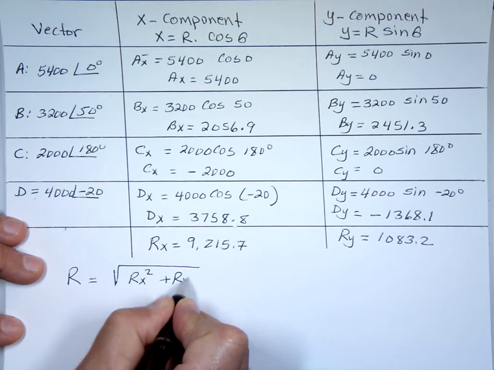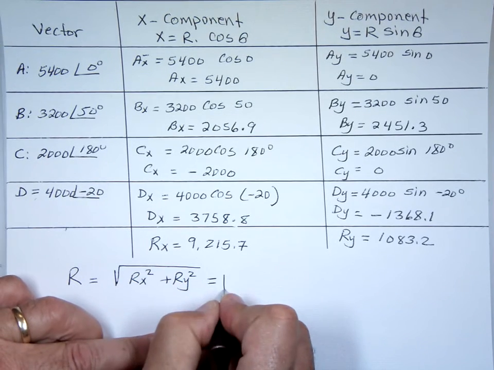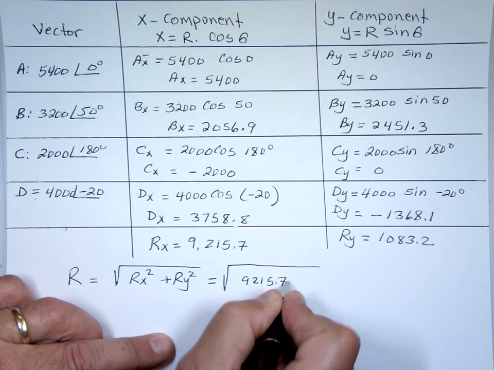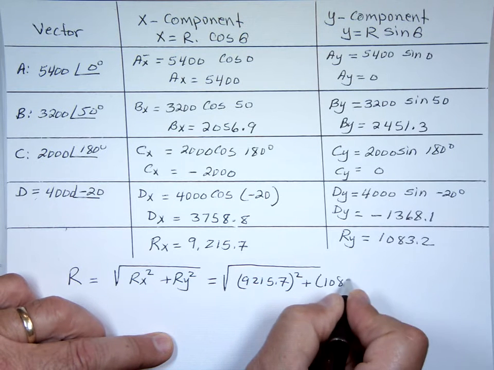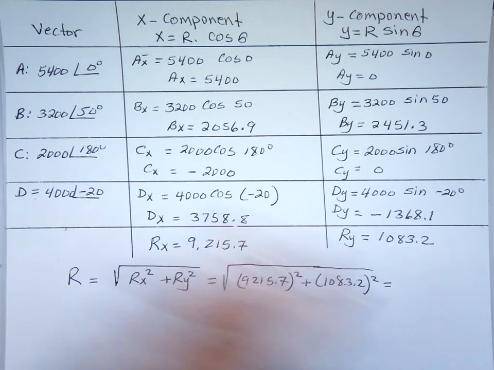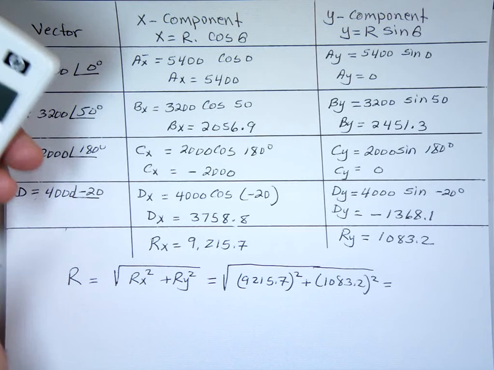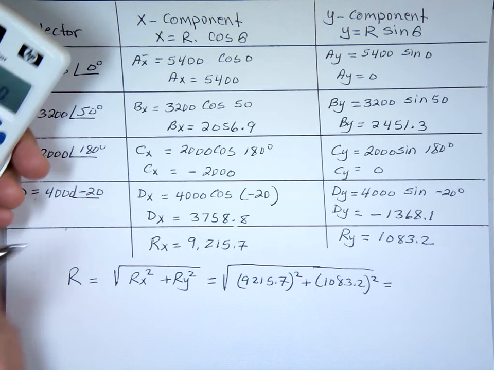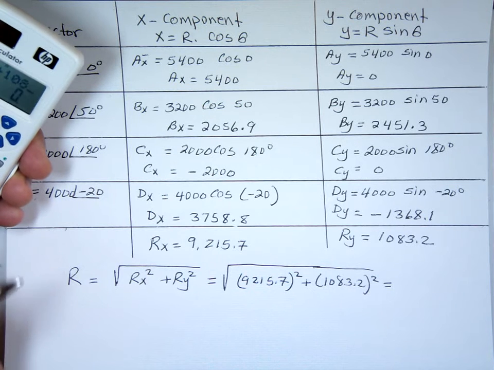You plug these numbers into that. The square root of 9215.7 squared plus 1083.2 squared.